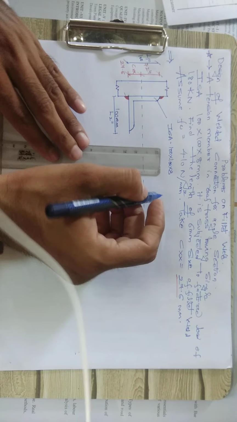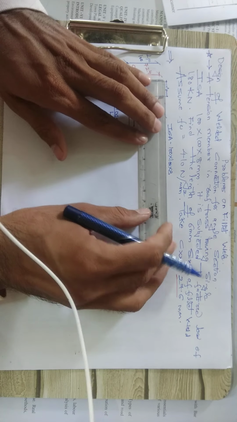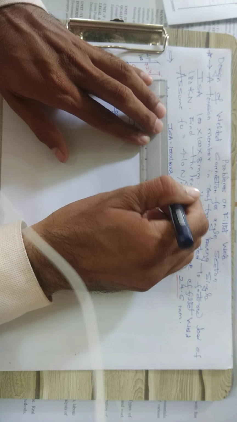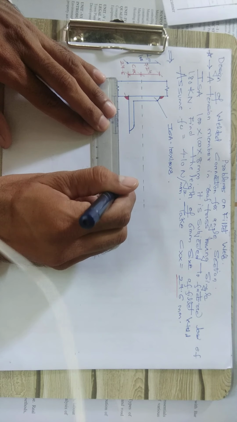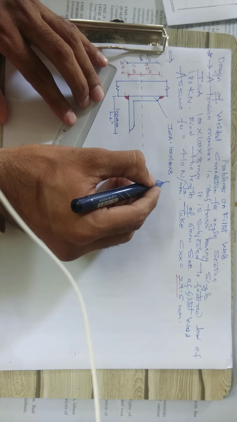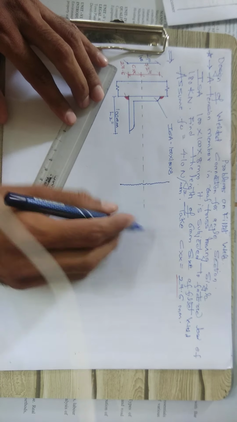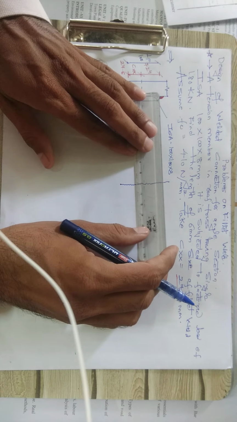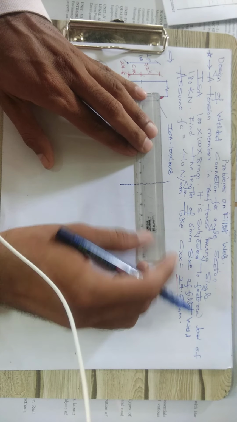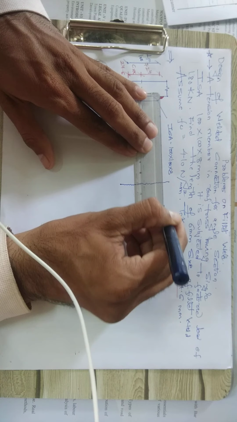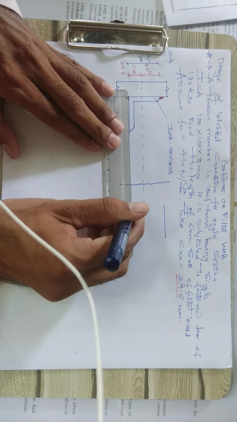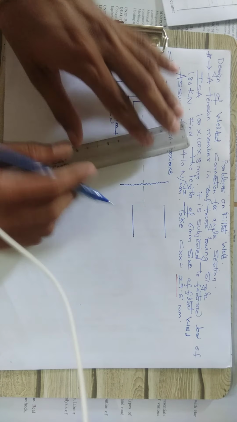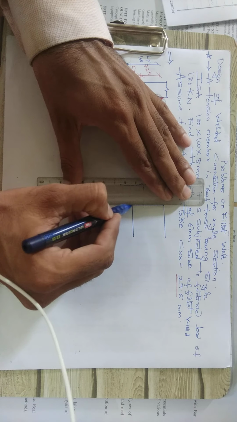We will draw this figure again for simplification. Here is the gusset plate, and this is where the actual angle section occurs. The simplified figure for this is in this way.